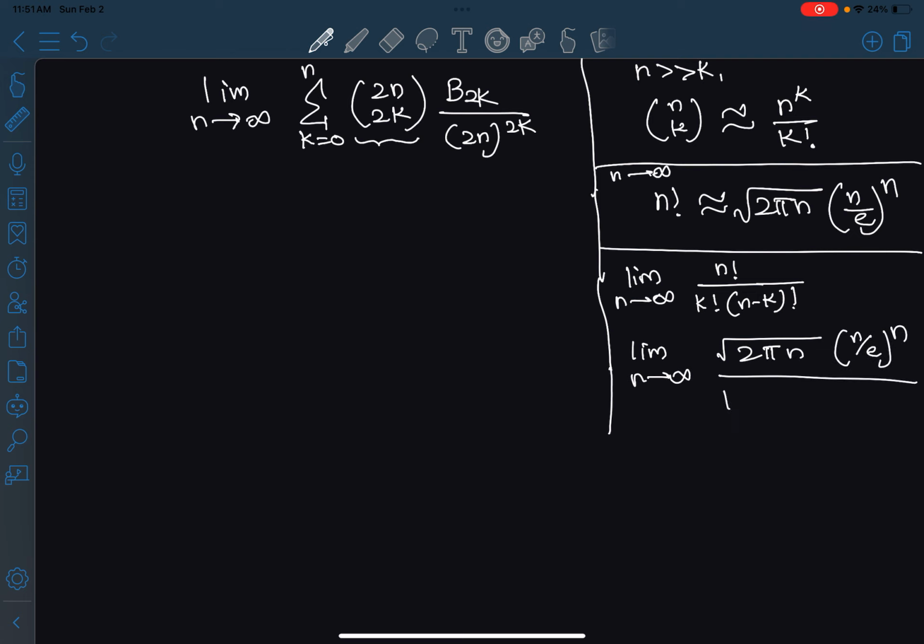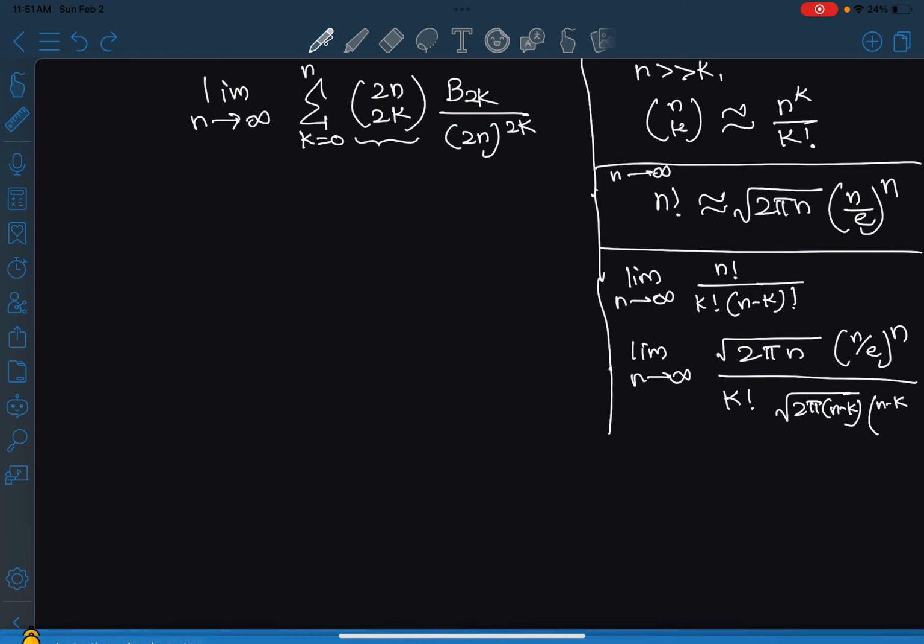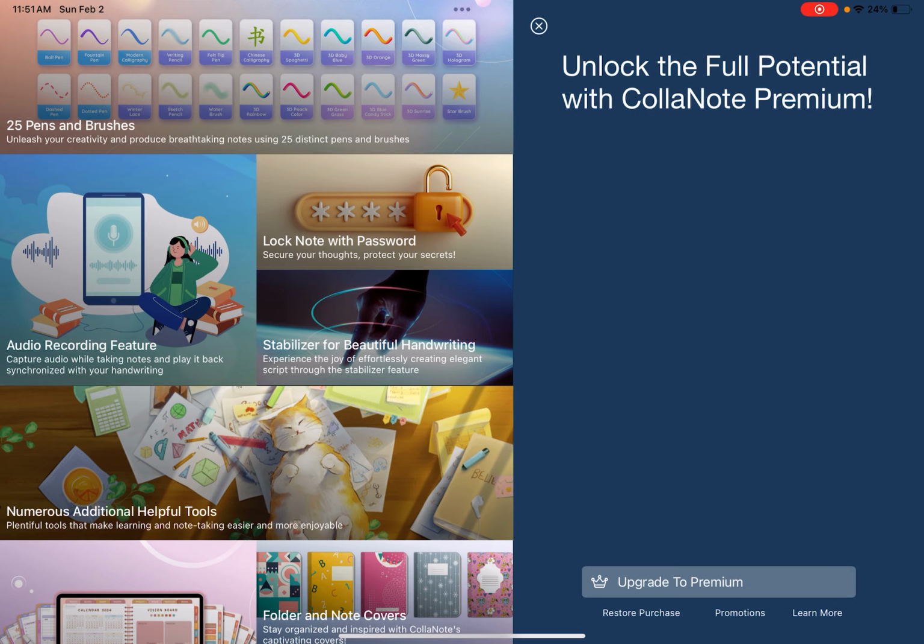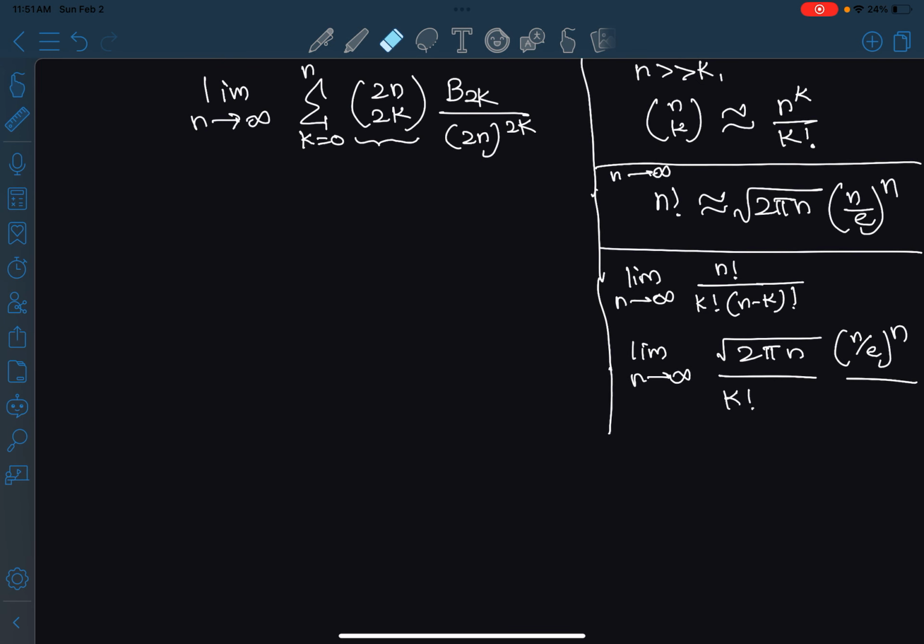Similarly over here there's the k factorial, and then square root of 2 pi times n minus k, and n minus k by e to the power n minus k.